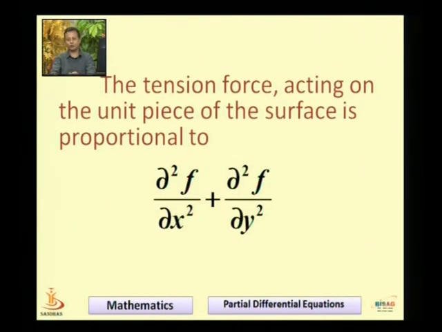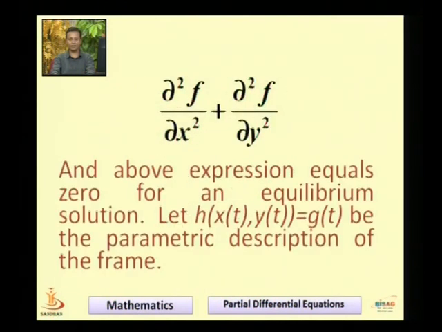Now the tension force acting on a unit piece of the surface is proportional to del square f by del x square plus del square f by del y square, and so del square f by del x square plus del square f by del y square equals 0 for an equilibrium solution.